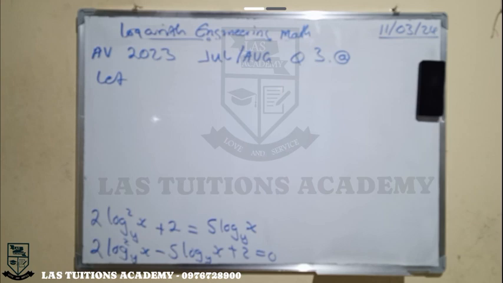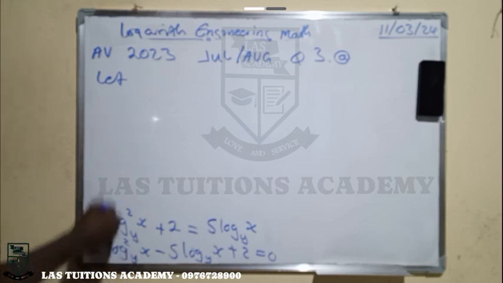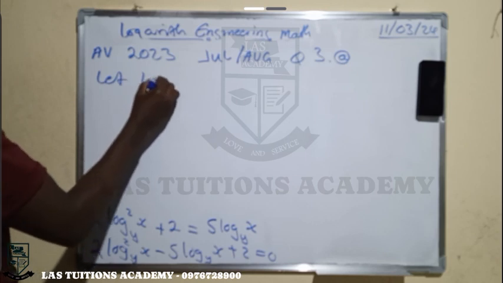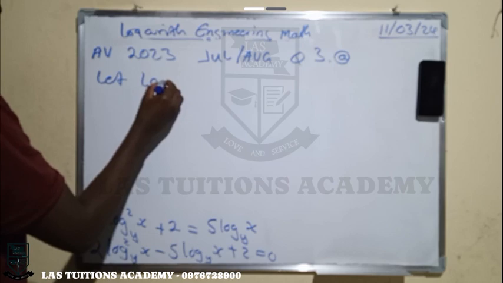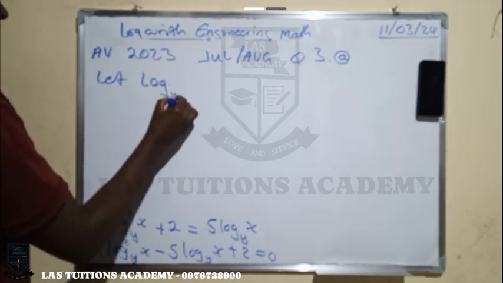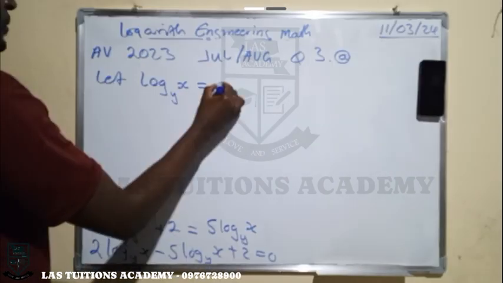So we can let log squared be A. Okay, so it's not the log squared, it's the log x base y. So I'm going to say let log x base y be equal to a.